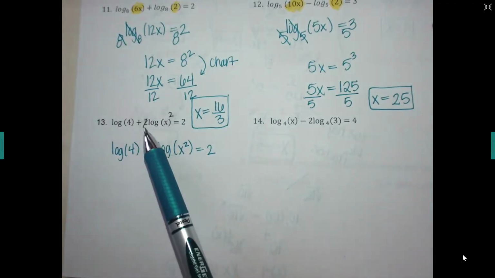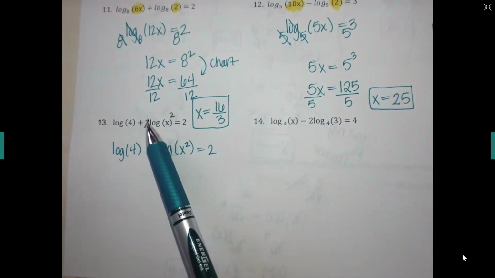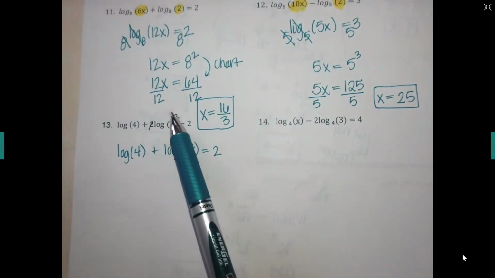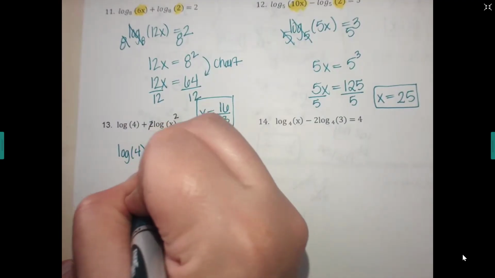I can't have a front number here if I want to combine those logs. So remember the property that if you have a front number, you can pop it up to the top. Now that I've moved my front number up, what am I going to do to get those logs together, because right now they're added? Very good. So what is 4 times x squared? 4x squared.